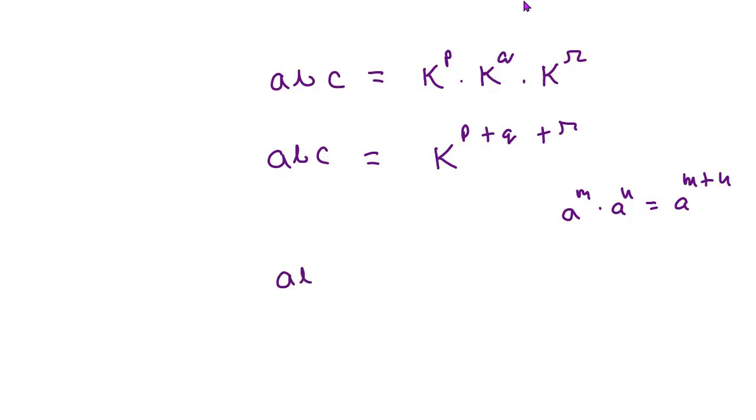So we get ABC equals k to the power p plus q plus r. But in the question it is given that ABC equals 1.